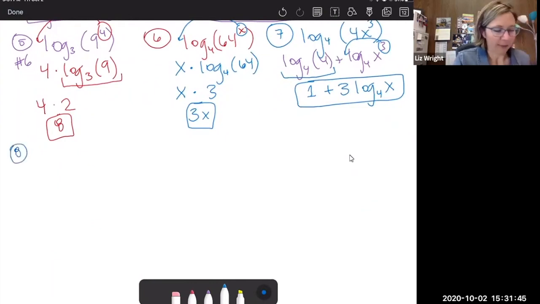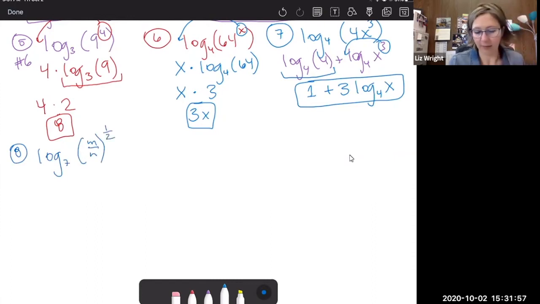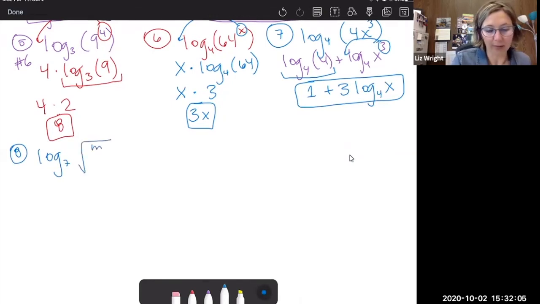So number 8, this one we've got log base 7 of m over n raised to the 1/2 power. Oh, not raised to the 1/2 power. I'm sorry, log base 7 of the square root of m over n. And I already gave you the answer, but you should be asking yourself, what power are we raising that to?